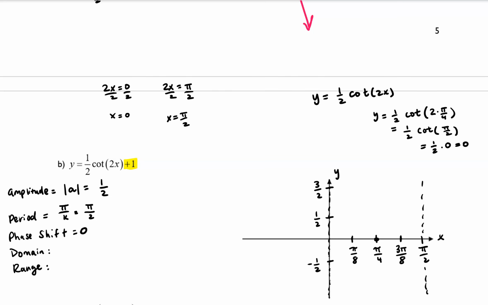If I plugged in pi over 8, that's going to be 1/2. And then if I plug in 3 pi over 8, that's going to be negative 1/2.